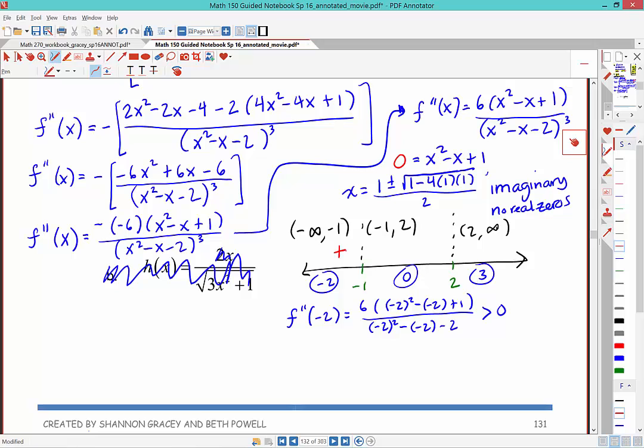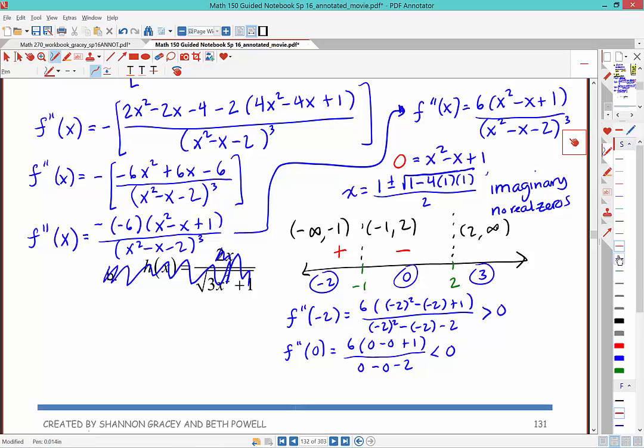And then f double prime at 0 will be 6 times 0 minus 0 plus 1 over 0 minus 0 minus 2. So this is going to have a positive numerator and a negative denominator. So that'll be less than 0.